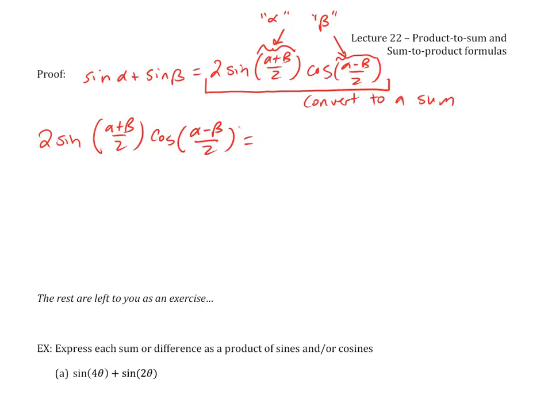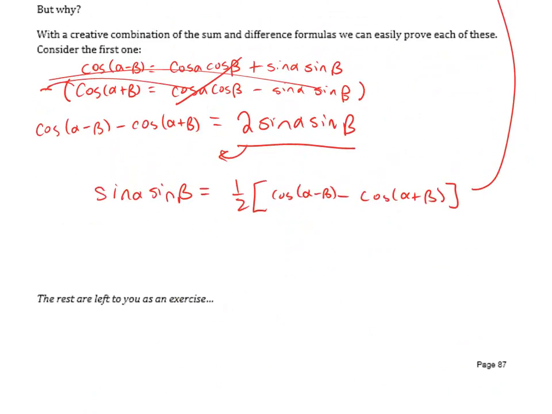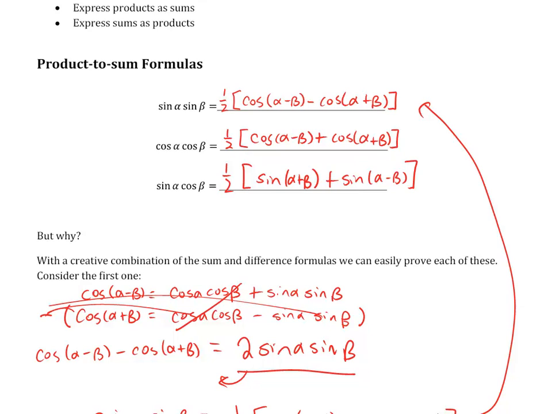And recall that this was the same thing as, and again, I'm scrolling back up to the previous page, from this formula right here, if you have a sine times a cosine, you can use that formula right there.